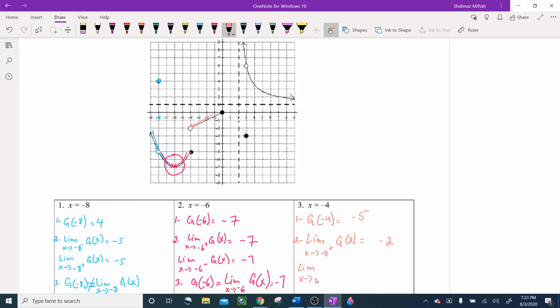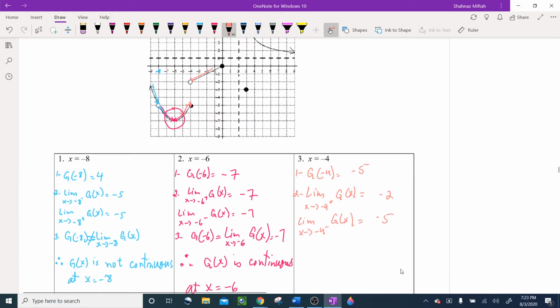Limit as x approaches -4 from the left of g of x equals... So that's -4, and this is the left side of -4, and the only graph that I have is right there on the left of -4. So I'm going to start and approach -4 right there. And since it's a closed circle, I just move my arrow on top of this because it's a y value, -5. So you can tell the limit does not exist because the left and right limits are different.